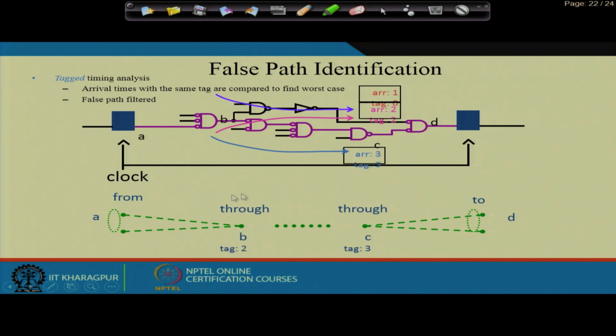Now we have formed the graph from this circuit, and tag timing analysis basically compares arrival times with the same tag to find the worst case, and the false paths are filtered.